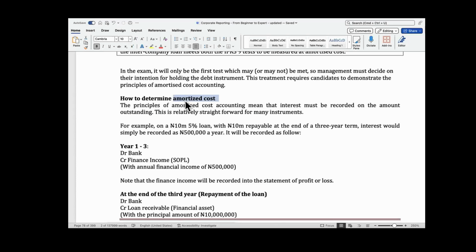So when we say amortized cost, the principle is just that we need to charge interest. We need to recognize interest on the amount that is outstanding. So anybody that is owing us money, we need to be charging that person interest on the amount outstanding. So the money the person is owing us will be increasing.